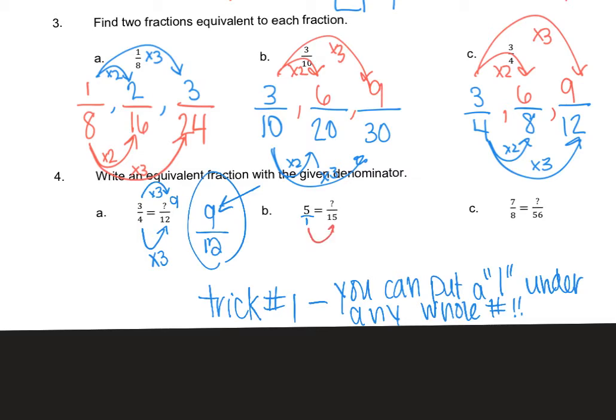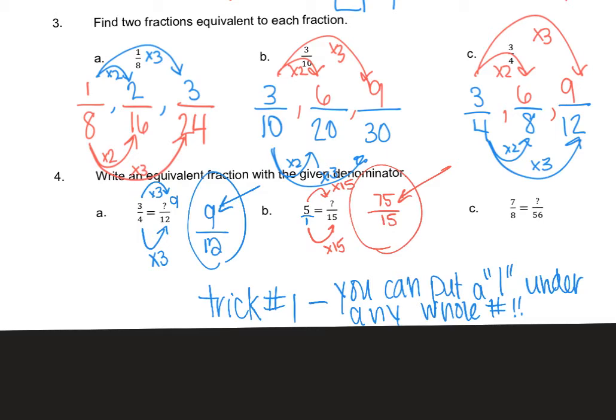What did I multiply by? 1 times what equals 15? 15, right? 1 times 15 equals 15. So if I do it to the bottom, I have to do it to the top. So 5 times 15 equals what? Again, your multiplication chart will be very helpful for you. 5 times 15 equals 75. So 75/15 is your equivalent fraction, and really the question mark that you were looking for is 75.